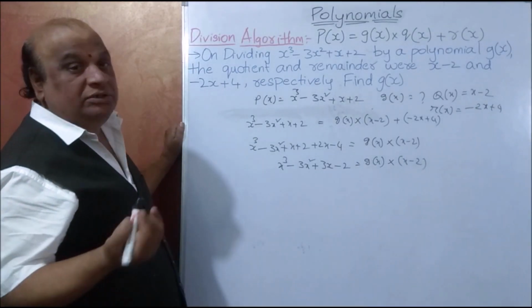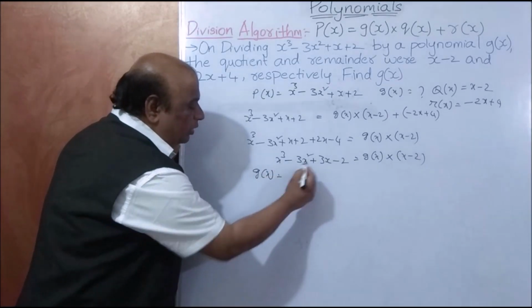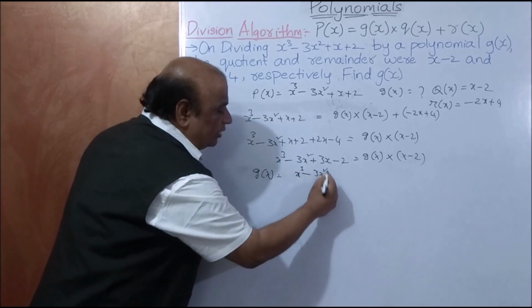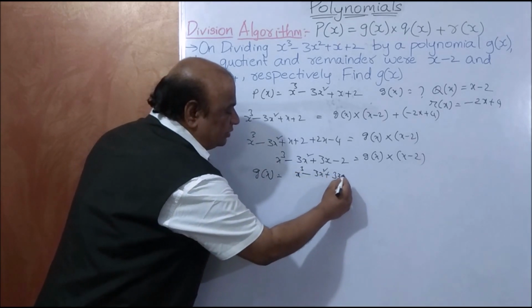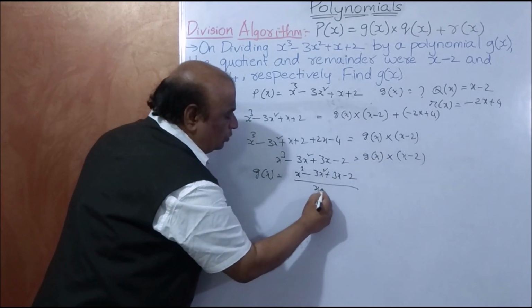So now what about g of x? It is nothing but g of x is equal to x cube minus 3x square plus 3x minus 2 by x minus 2.